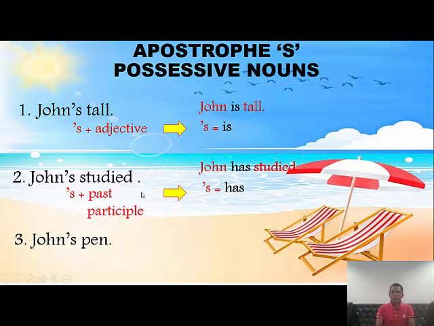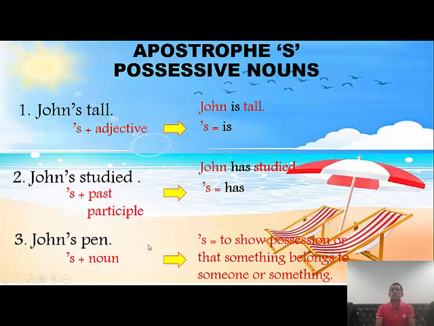Number three, John's pen. When apostrophe plus noun, that actually shows possession, or that something belongs to someone or something. Can you remember that? Please do not get confused between John's tall, John's studied, and John's pen.